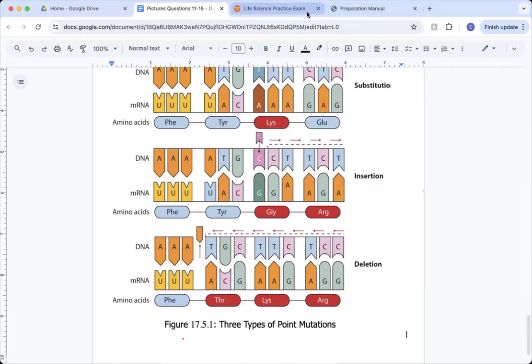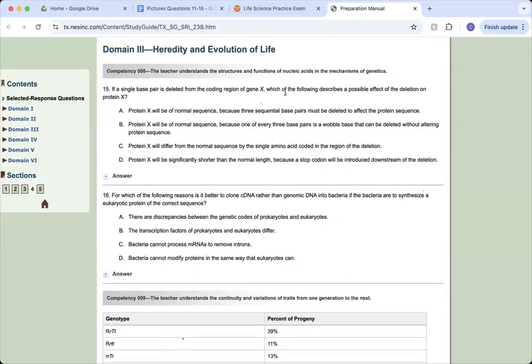So let's go back and look at the question now. Again, let's reread it. It says if a single base pair is deleted, so again, we're looking at one single nucleotide base, from coding region X, which of the following describes a possible effect of the deletion on the protein?